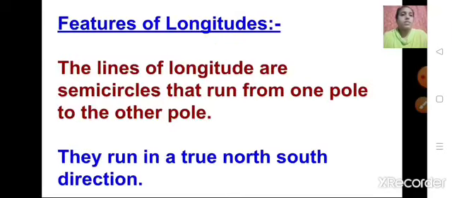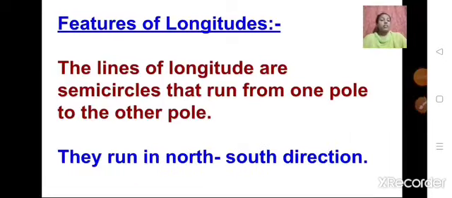Now let us see the features of longitudes. The lines of longitude are semicircles that run from one pole to the other pole. That means the lines of longitude are semicircles, as I have already told you. These lines run from the North Pole to the South Pole.